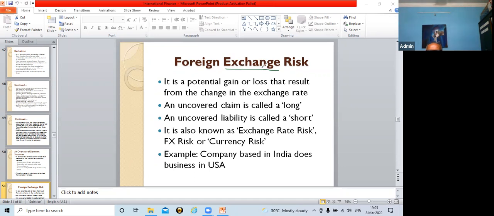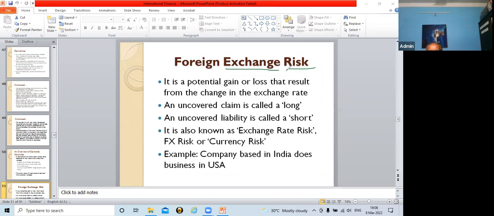There exchange takes place, and when exchange takes place, it is always associated with risk. Risk is nothing but the fluctuation in exchange rate, because there is always a fluctuation in the currency rate.